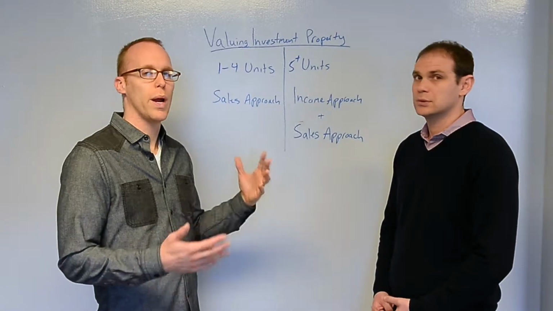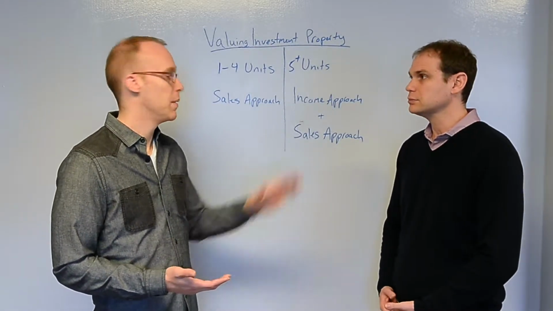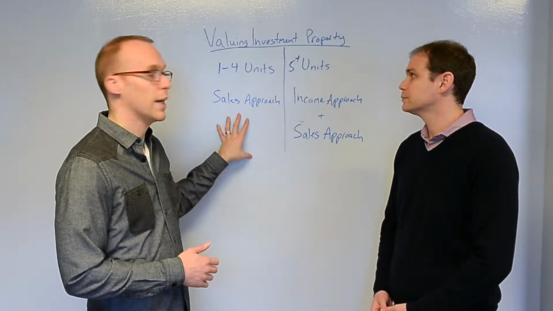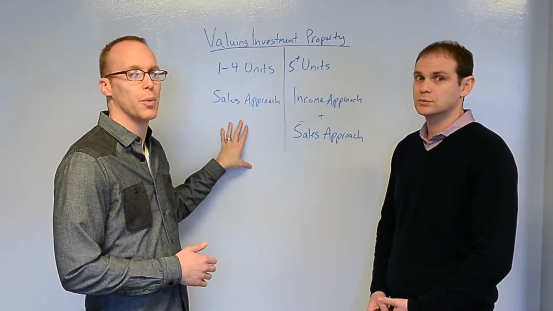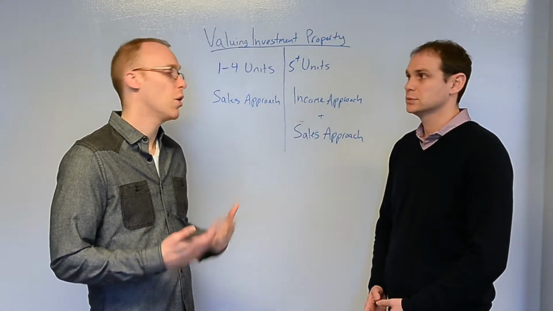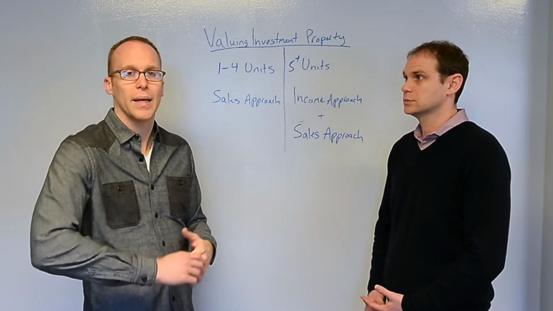Where this has come up in our business and with some of our clients, and the importance of being able to distinguish the two, is that some of our clients have done a great job at identifying 1 to 4 unit properties that produce a lot of cash flow. Rightfully so, they're looking at the asset as how much money is it putting in my pocket every month.